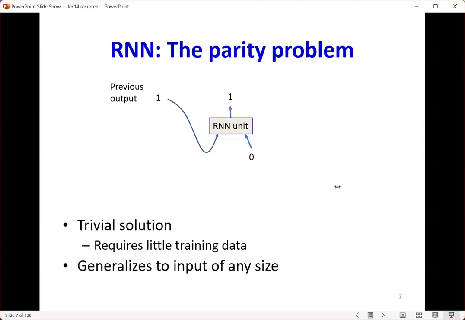If you train it on n-bit inputs, it can still work on n plus 1-bit inputs. Did this make sense? Yes or no? Right. So it's beautiful. Recurrent networks are much more powerful than you would imagine.